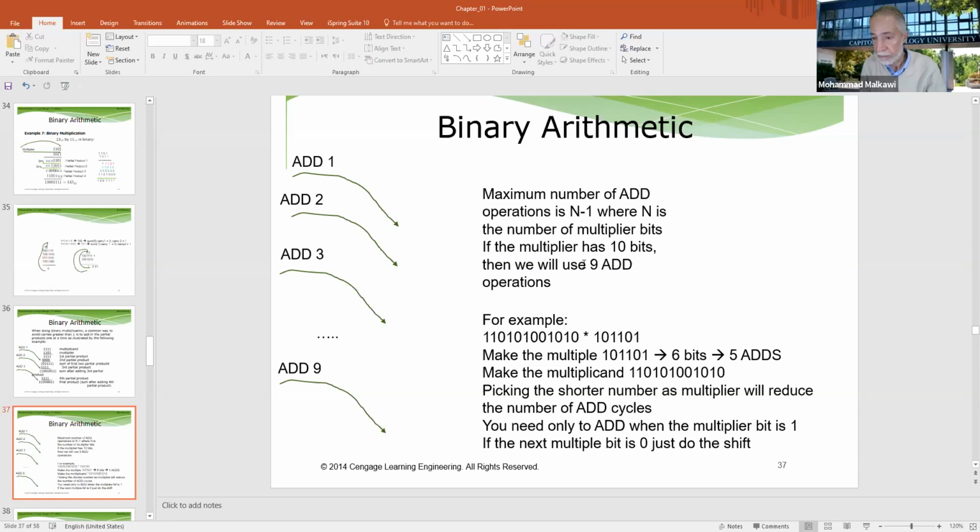We first pick the multiplier to be the shorter. Then I will have an add for the partial product for the ones, and for the 0 I will just do a shift.